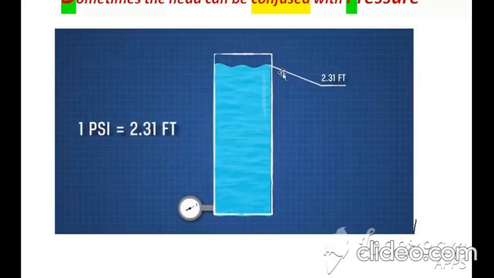In this diagram you can see in a box the water level is 2.31 feet, and at the bottom of that box a pressure gauge is fitted, which is showing us a pressure of 1 psi against that height.